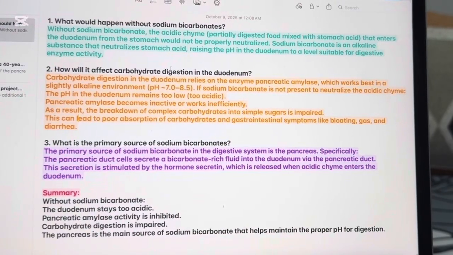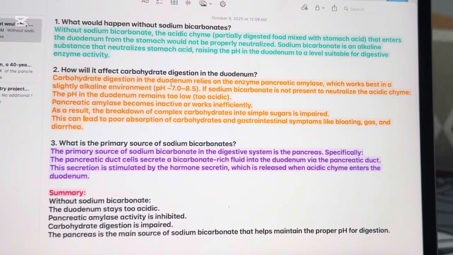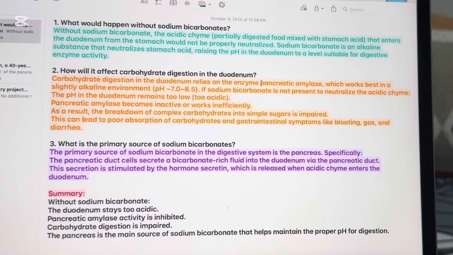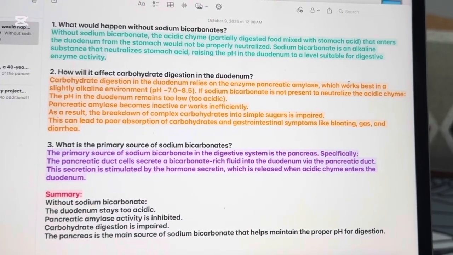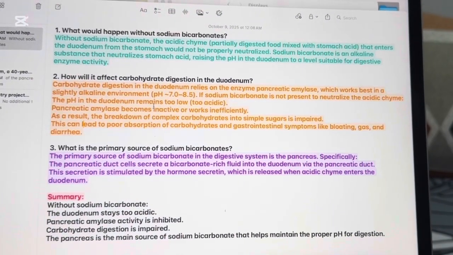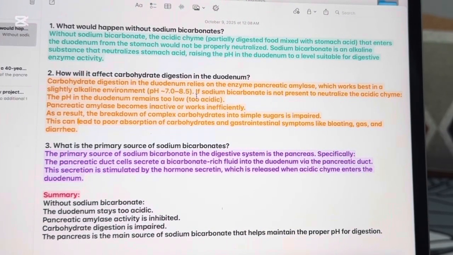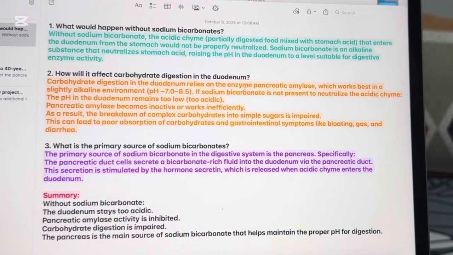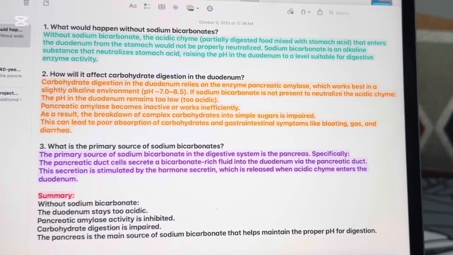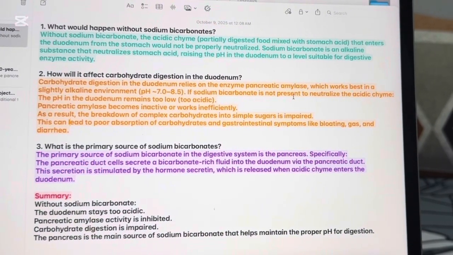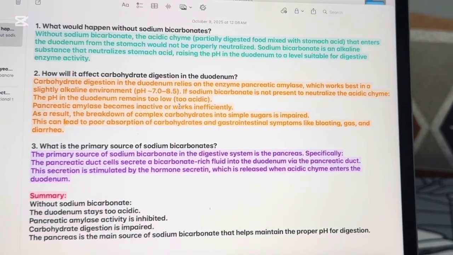How will it affect carbohydrate digestion in the duodenum? Carbohydrate digestion in the duodenum relies on the enzyme pancreatic amylase. We have discussed that, isn't it? And this pancreatic amylase works best in a slightly alkaline environment, around pH 7 to 8.5. So if there is no sodium bicarbonate, the acidic chyme won't be neutralized, which means our duodenum will remain acidic, and pancreatic amylase doesn't work in an acidic medium.